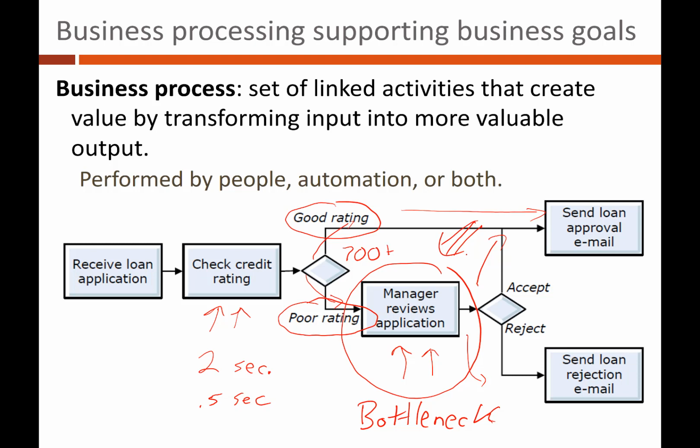Now, how many business processes do most organizations have? And the answer to that is hundreds. I mean, you have a process for, in this case, processing a loan application. You have business processes related to hiring people. You have processes related to firing people. Every product you make probably has multiple processes associated with the manufacturing of that product.